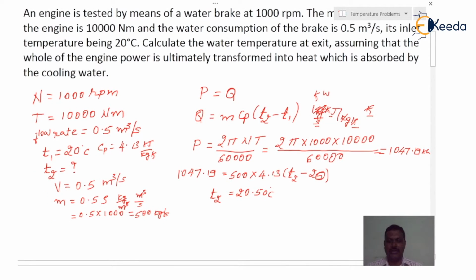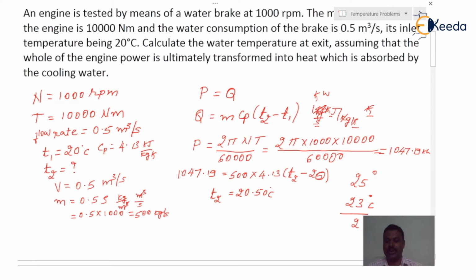For example, let us take a temperature of 25 degrees Celsius and another one as 23 degrees Celsius. Their difference, 25 minus 23, is 2 degrees Celsius.